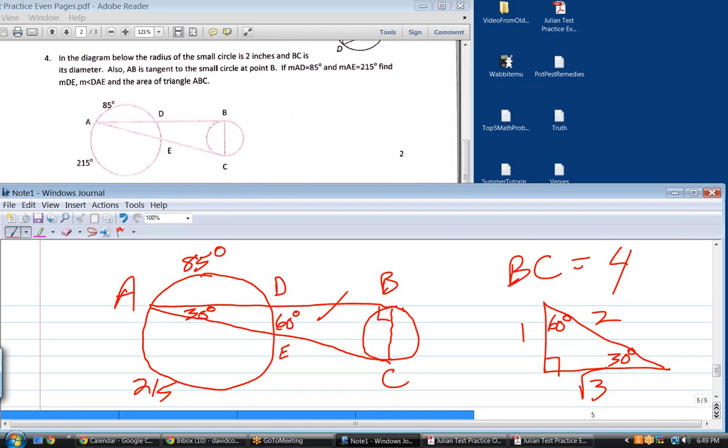BC is 4. That's the small side of that triangle. BC is opposite the 30-degree angle. Opposite my 30-degree angle is 1, so the scale factor is 4 to 1.